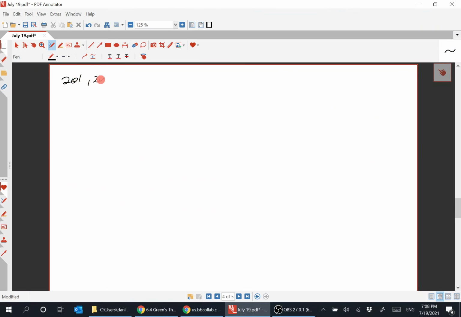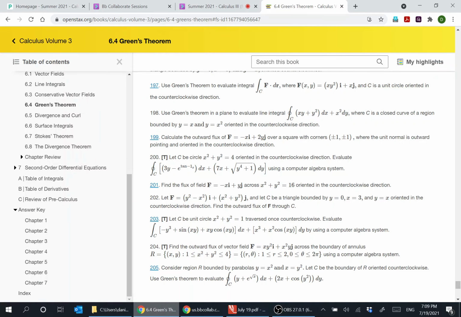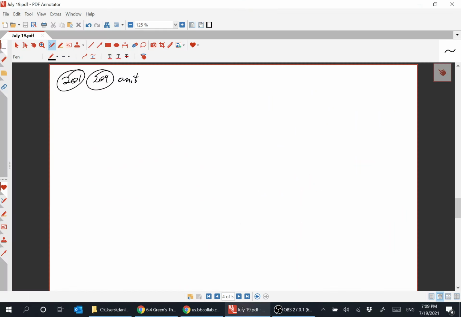So 201 and 204, we'll omit these. There's another type of vector line integral, the vector flux line integral, but we're not going to cover that. When we get to surface integrals, we're going to cover vector flux over surfaces, but we're not going to do it with curves.